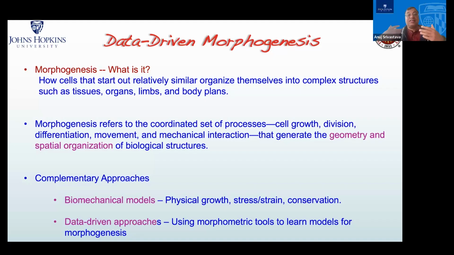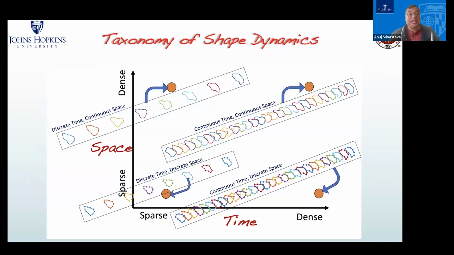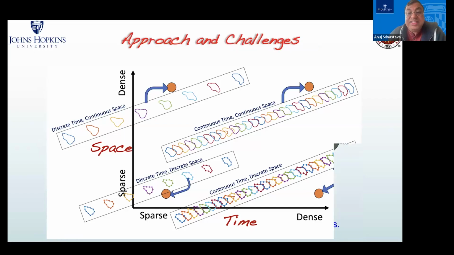And can we learn the underlying averages and variations, not in individual shapes, but how they are growing or changing over time? And so we have divided this into space and time. Sometimes you have discrete shapes like we had skeleton, or you have a continuous or dense shape like surfaces. Sometimes you have discrete times. Sometimes you have continuous time. So you can break this up into these different arenas.